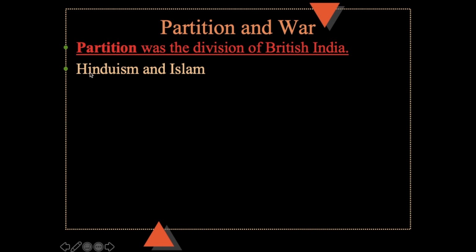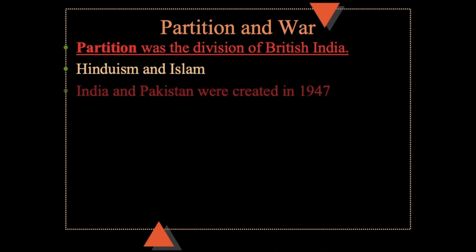The problem was you had a lot of people who were into Hinduism and a lot of people who were into Islam. That's mainly the reason they had to break it up, because you had so many fights over who should get what because of religion that they finally went, okay, Hindus, you can have India. Islam, we're taking Pakistan and Bangladesh, or at the time, West Pakistan and East Pakistan. So that's why they did that.